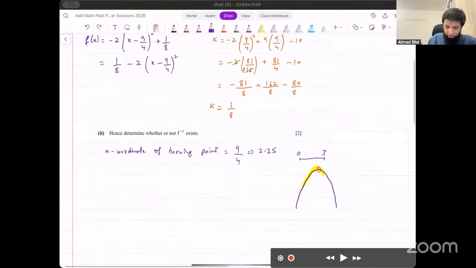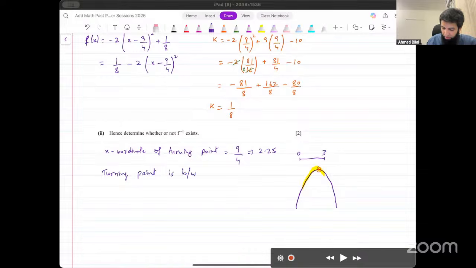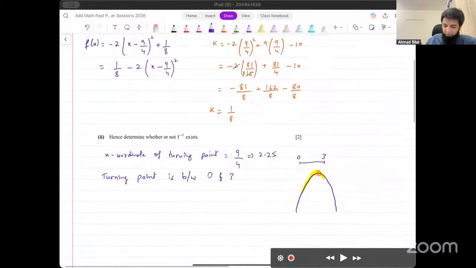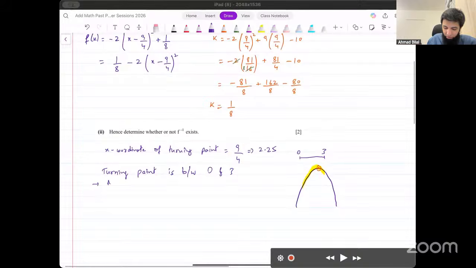We can say turning point is between 0 and 3, the domain that is given, which means it's not a one-to-one function. And that implies that f inverse does not exist.